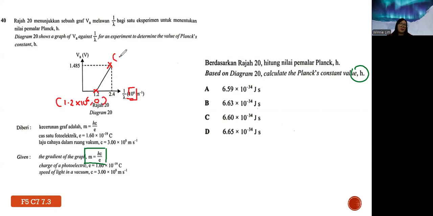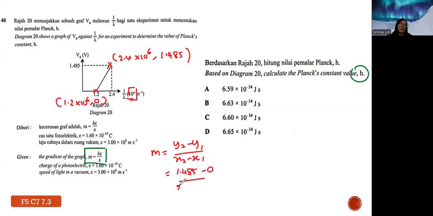This point will be 2.4 times 10 power 6 and 1.485 volt. The gradient formula is y2 minus y1 over x2 minus x1. So my y2 is 1.485 minus 0, x2 is 2.4 minus 1.2, the whole thing times 10 power of 6.